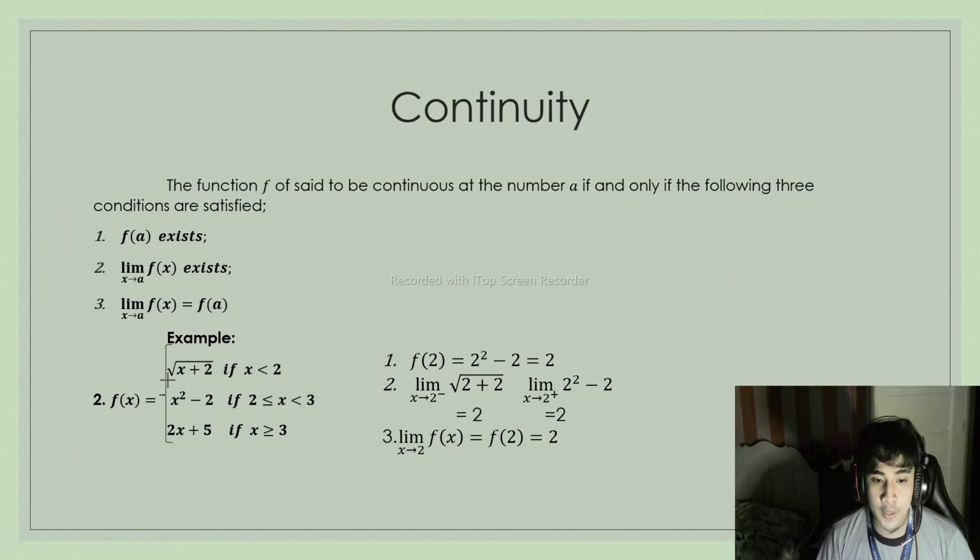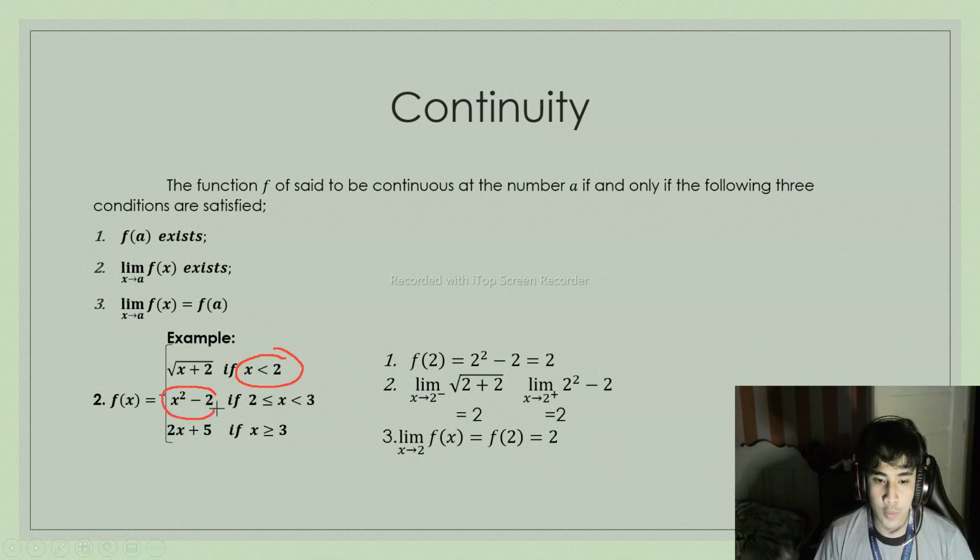We have three functions: square root of x plus 2 if x is less than 2, x squared minus 2 if 2 is less than or equal to x and x is less than 3, and 2x plus 5 if x is greater than or equal to 3. Firstly, let's solve for 2 first.